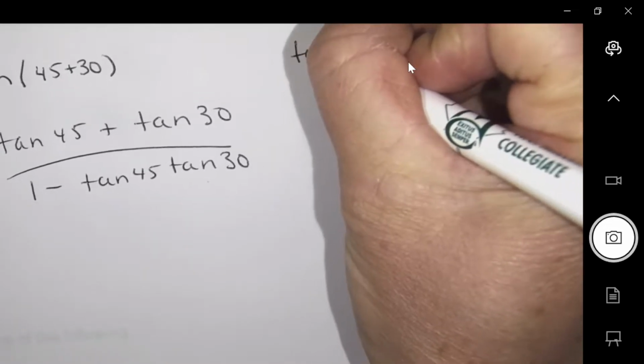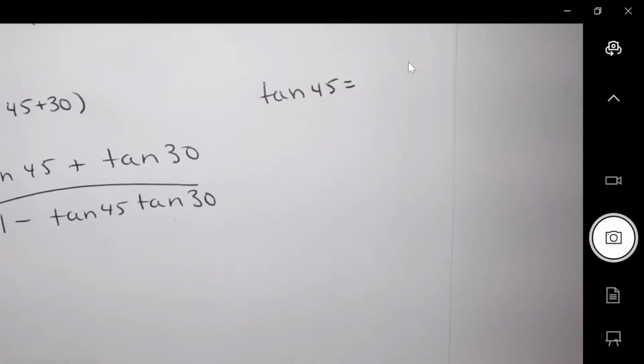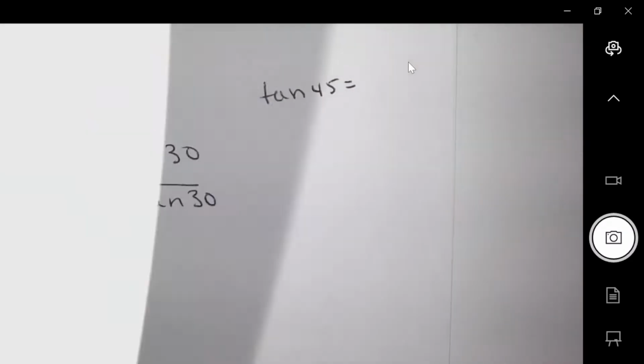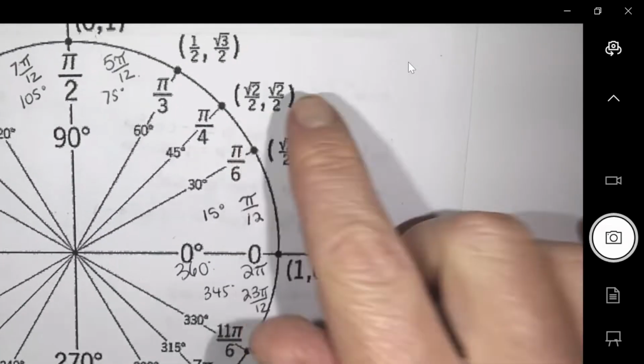Okay, I'm going to go over to the side here. What is the tangent of 45 degrees? Quickly, what is it? 1. The y divided by x will make 1.